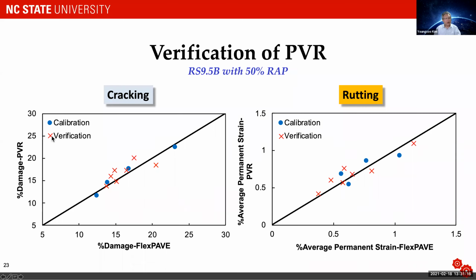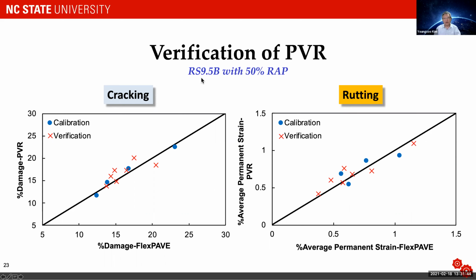And these crosses are verification results, and they seem to be along the line of equality here. On the rutting side, this is the percent average permanent strain from FlexPave, and this is the percent average permanent strain from PVR. And again, calibration points tend to follow the line of equality as well as the verification points.